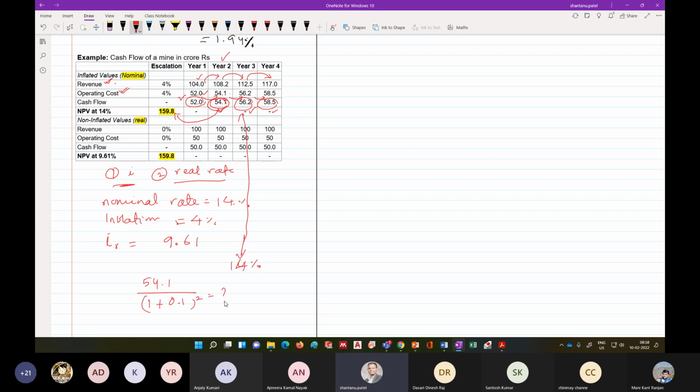Whatever value comes will be the present value. If you sum all these present values, it becomes 159.8. Is this clear? How you calculate this present value, or net present value?